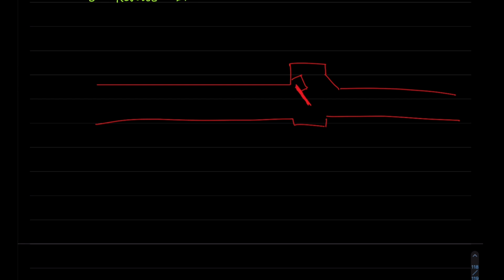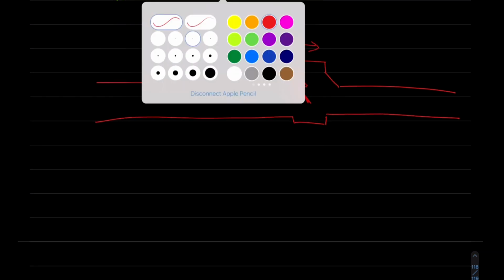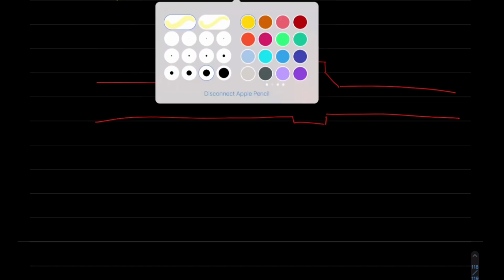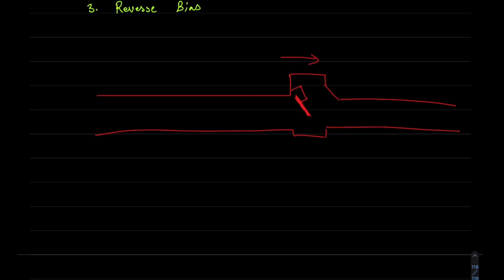Now this check valve only allows the flow of water in one direction. So water is blue. I hope it is. I cannot choose the blue color. Maybe I'm just colorblind.